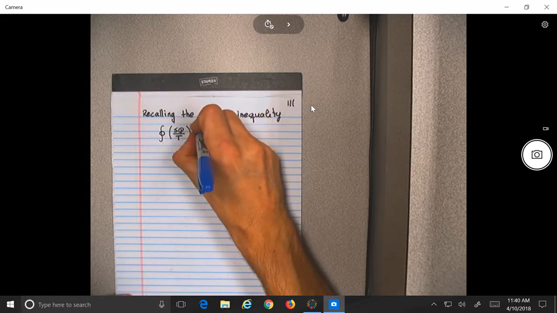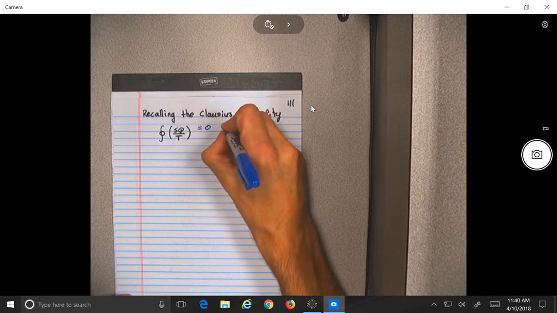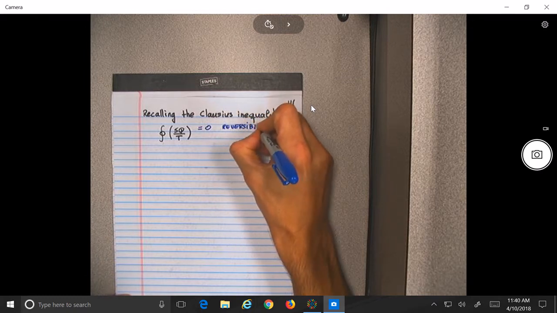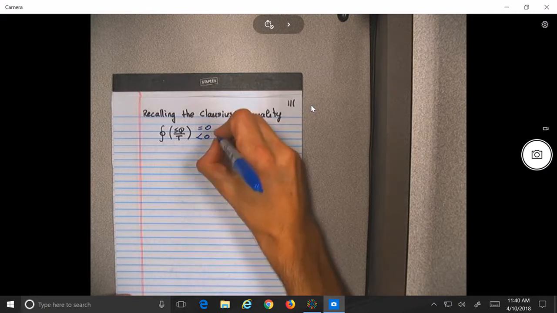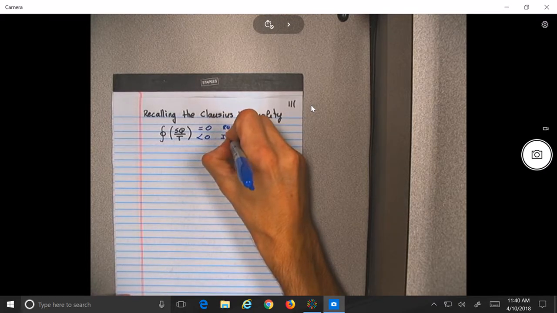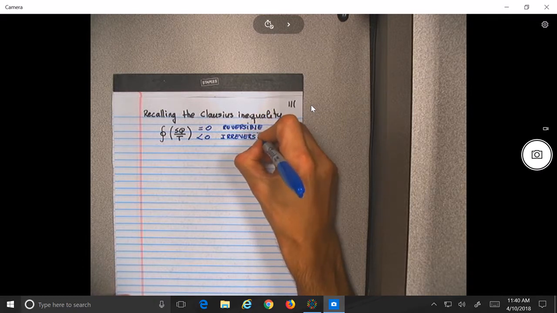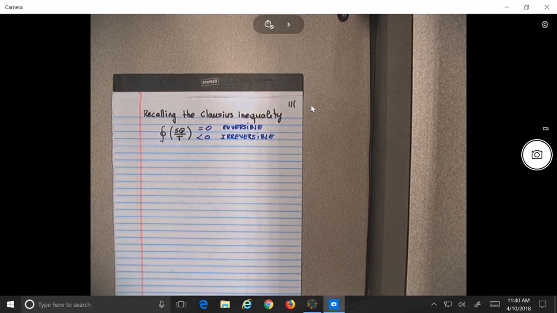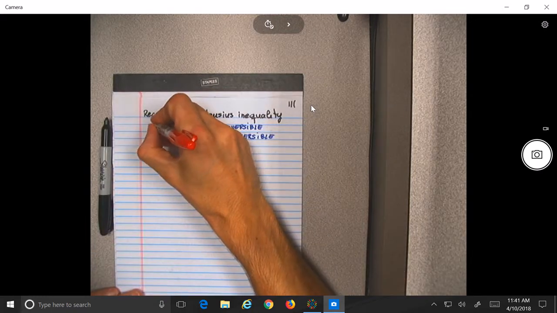If this ratio was equal to 0, that meant the cycle was what? Reversible. And if it was negative, it means that it was irreversible. Okay? So this is what was known as the Clausius inequality.